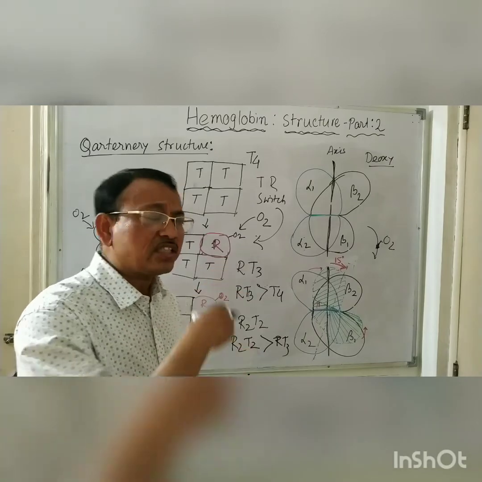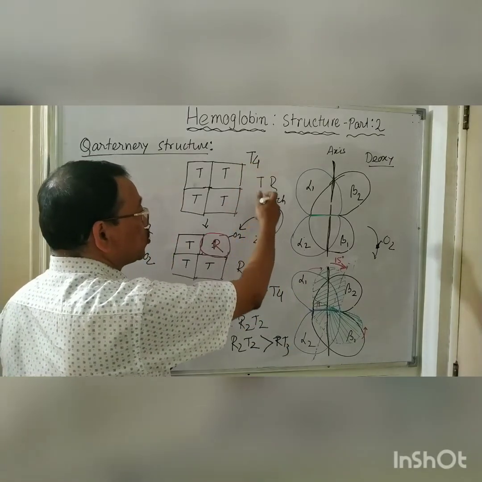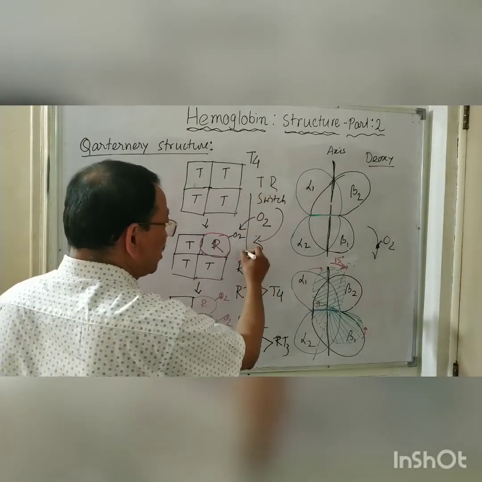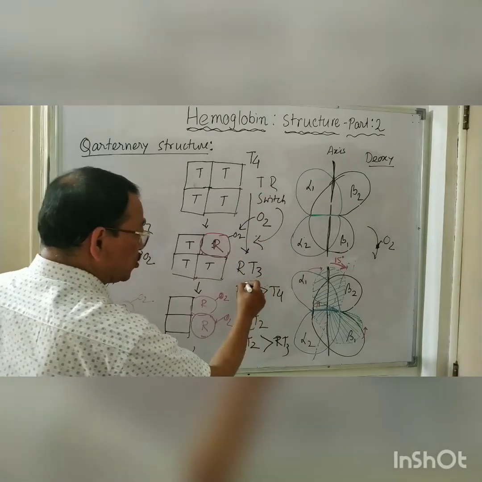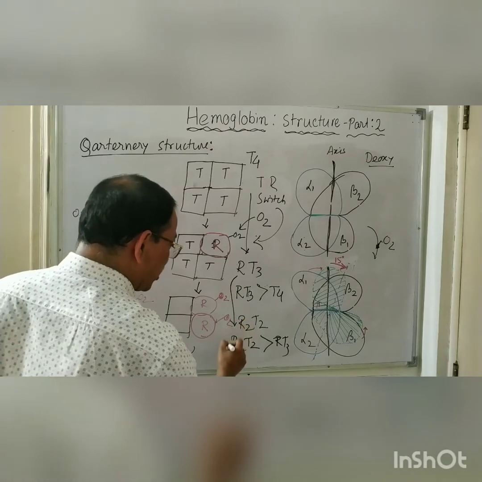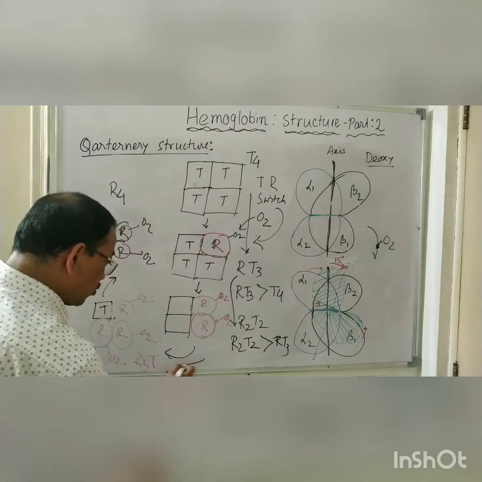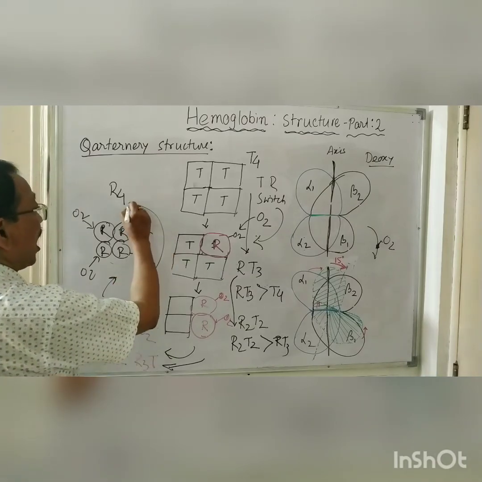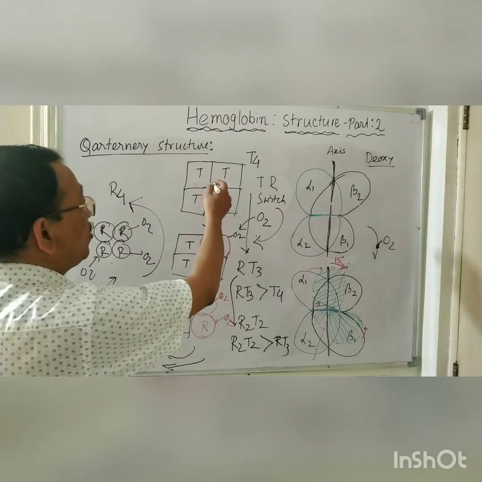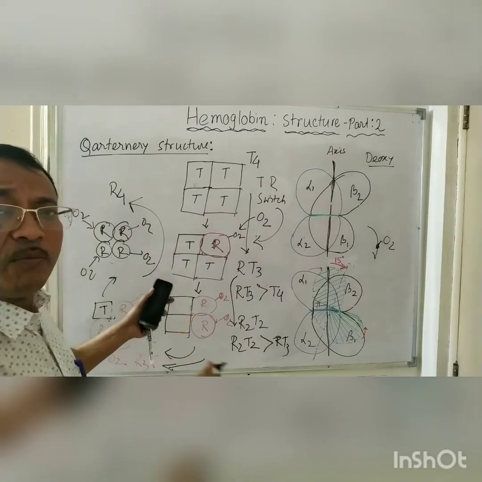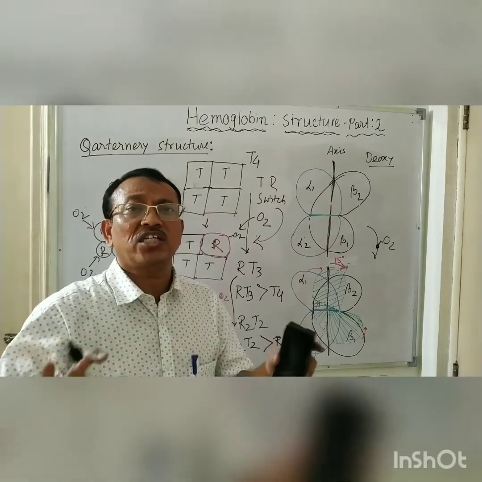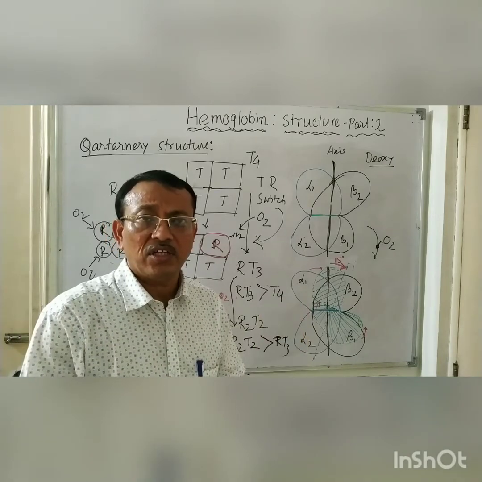And this is how the T4 is switched over to RT3, RT3 is switched over to R2T2, this will switch over to R3T, R3T is switched over to R4. So complete T form will be now converted to the relaxed form, and thereby oxygenation is completed.